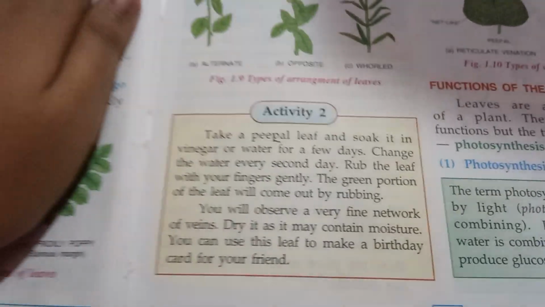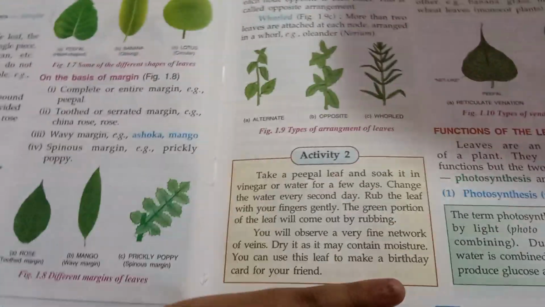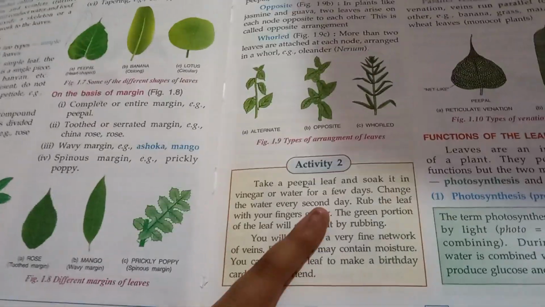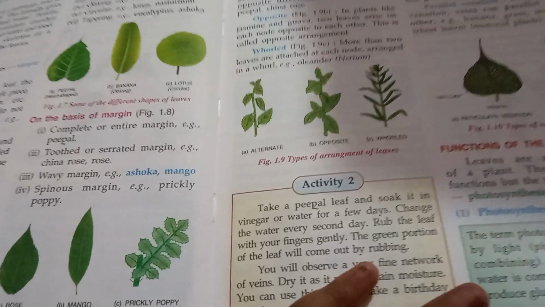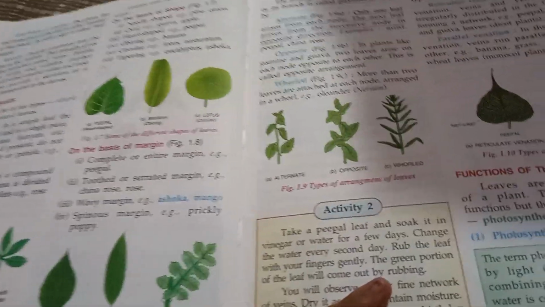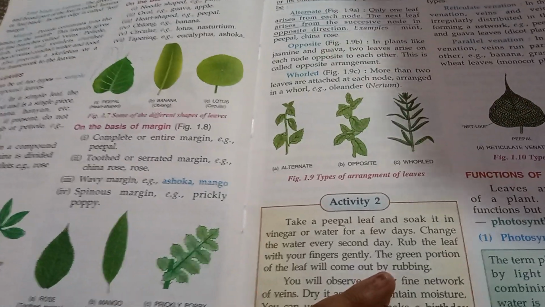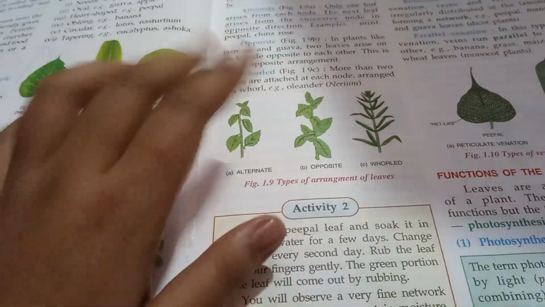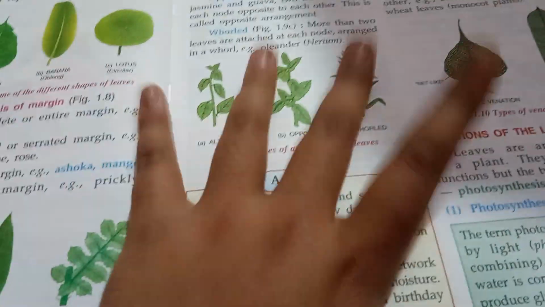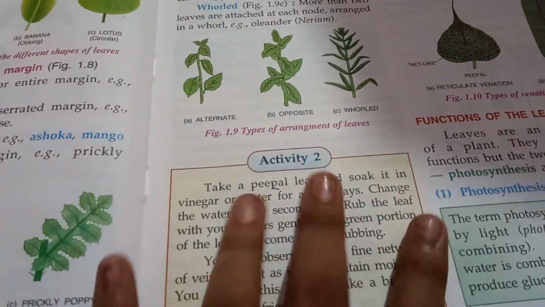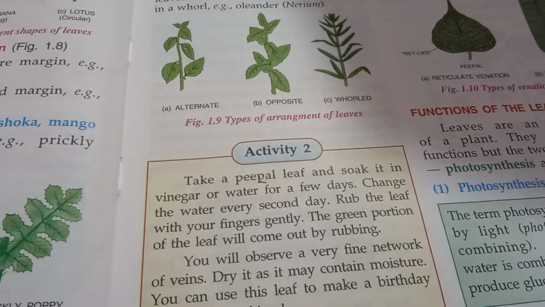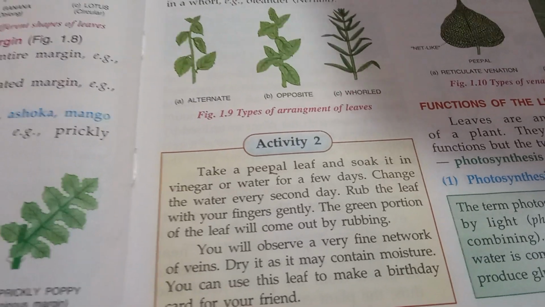Then there is an activity. Okay, I have done this activity. If you want, I can do it once more. In this, you just have to take some peepal leaf, soak it for a few days, and change the water after every second day. After 3 to 5 days, take the leaf out, make it dry, then rub it gently with your fingers, and the green portion of the leaf will come out.